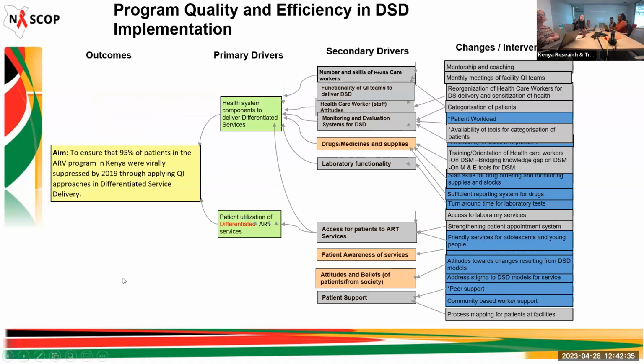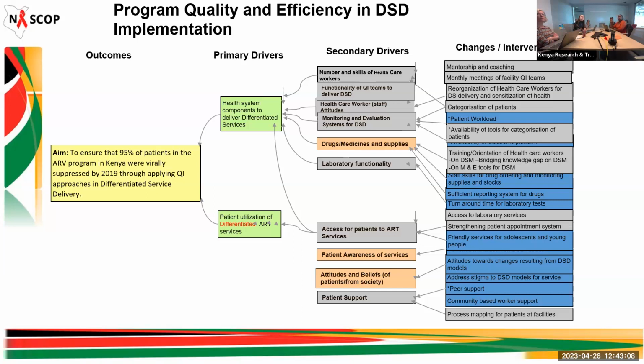So as part of the role of the stakeholders, at the national level, was project design. They were able to design the project and coordinate its implementation. And one thing that the team was able to do was apply a QI concept where they used the driver diagram to develop a theory of change to exactly what would happen in the project cycle.